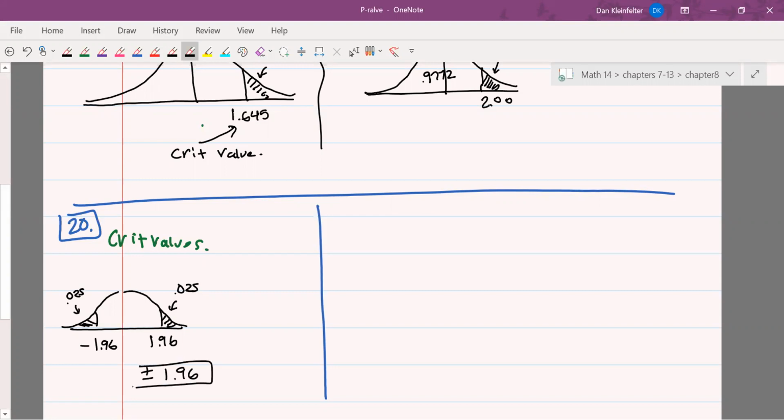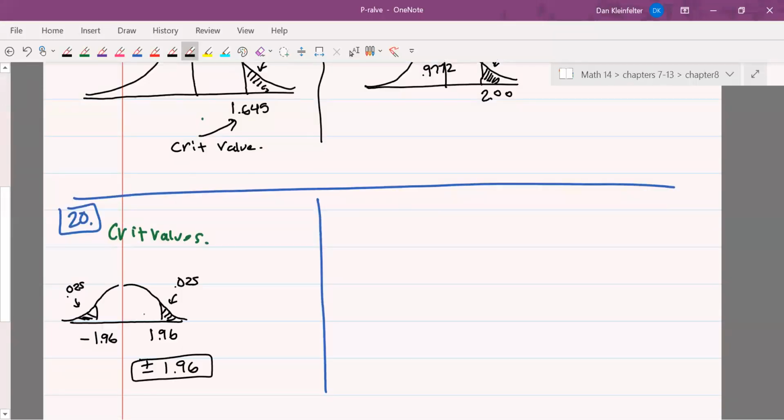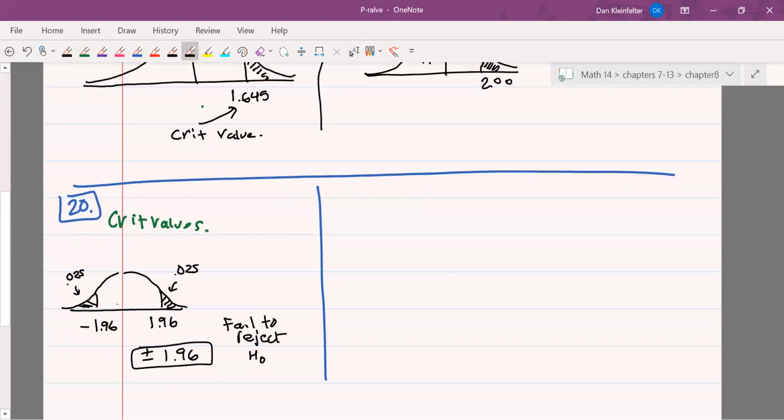The way that the hypothesis test would work is we'd say, okay, our test statistic was 1.50 here, which is not in one of those shaded regions. So we're going to end up failing to reject whatever that hypothesis was. It didn't say. Because our 1.50, which was our test statistic, didn't fall into one of those two tails.